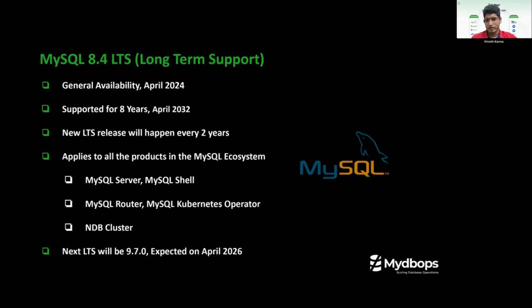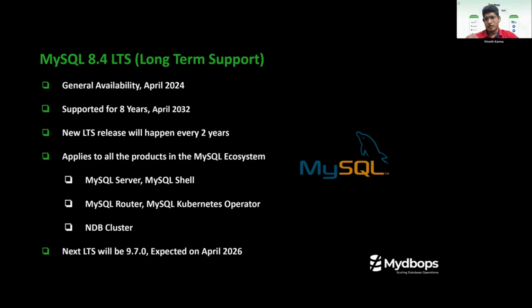MySQL 8.4 LTS. This is the first release of the MySQL 8.4 LTS series after the introduction of the new versioning model by MySQL. It became generally available in April 2024. It is going to stay for a long time, which is 8 years of support. In today's industry, that is a huge win for stability, to have stability in any database product.